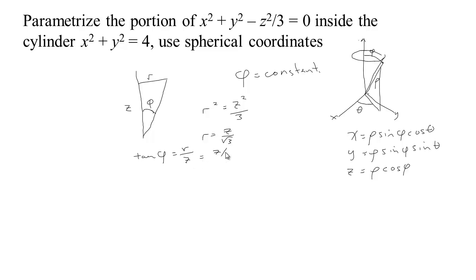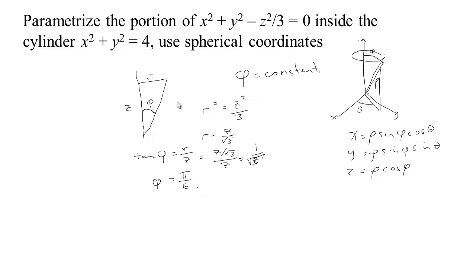So that would be z over root 3 over z, which would be 1 over root 3. Well, what angle has a tangent that's 1 over root 3? That angle is pi/6, right? So phi equals pi/6. That's one value you could use for phi.